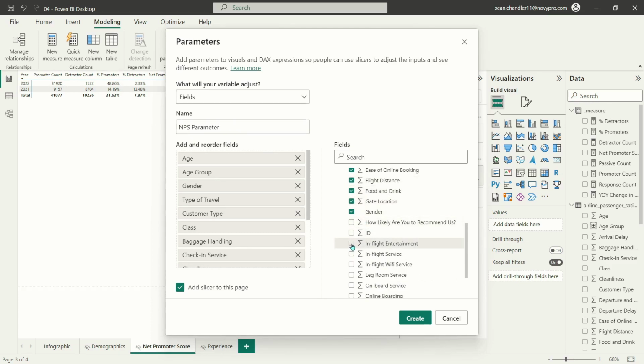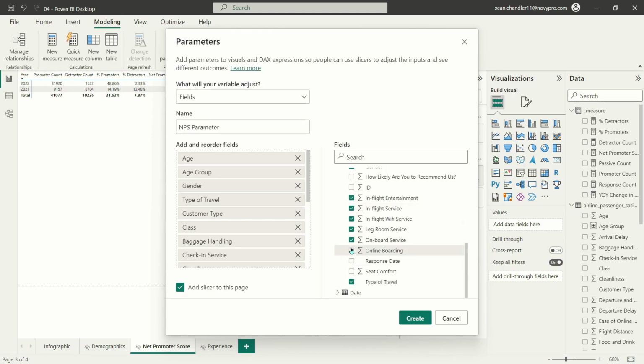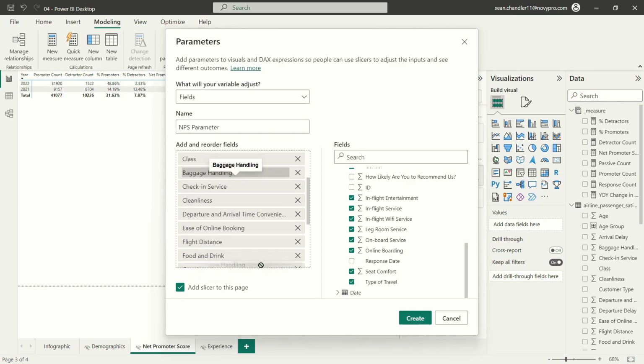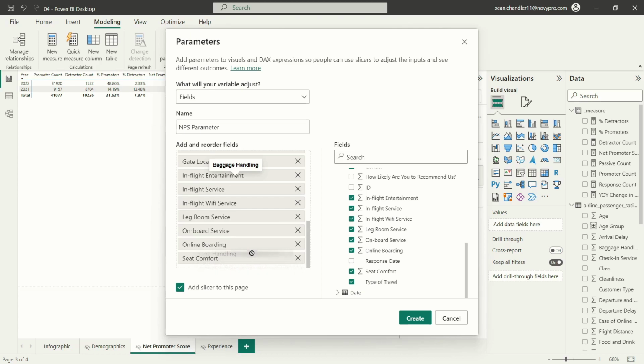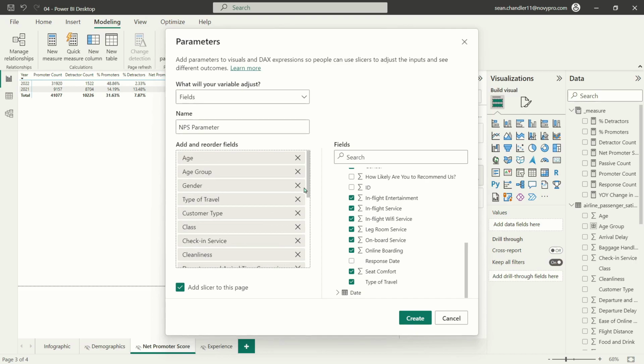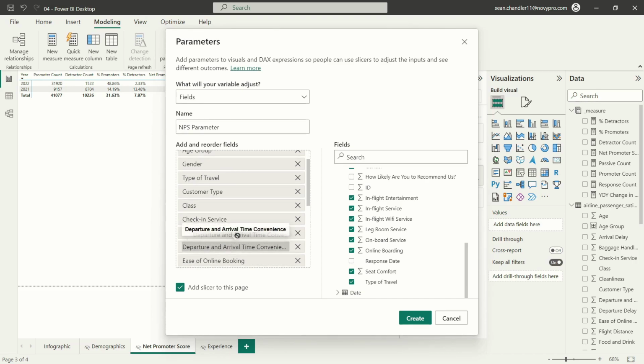So first, I'm just going to select all of the columns that I know I'm going to need. And then we can worry about sorting these. So baggage handling is going to be one of the last things that a passenger experiences at the airport. One of the first things that they're going to do is evaluate the different departure and arrival times.